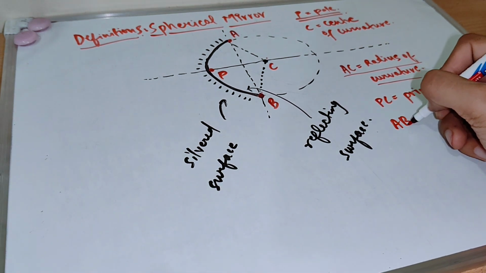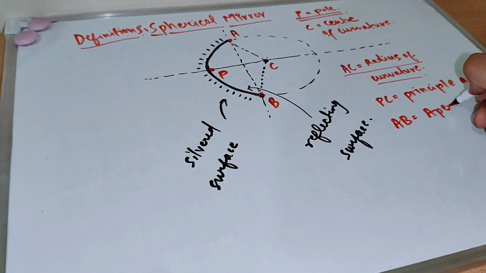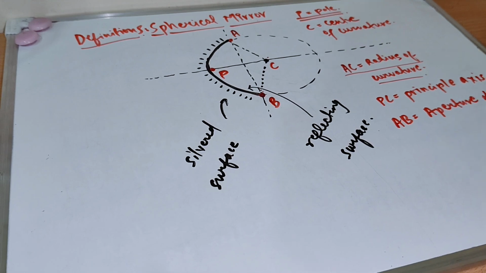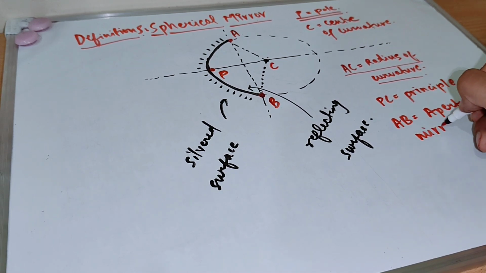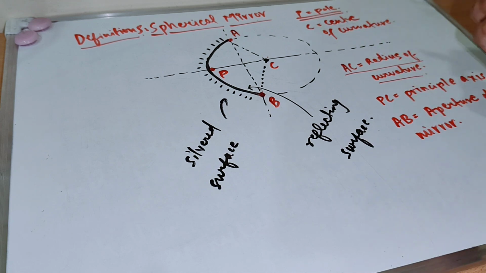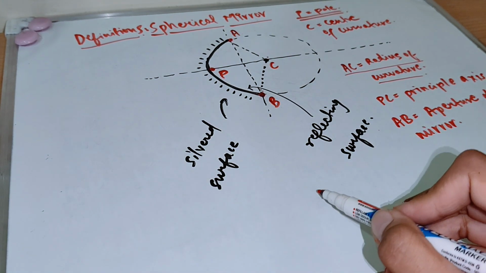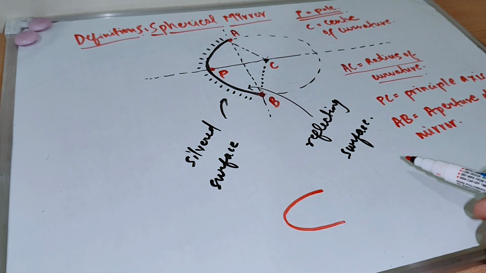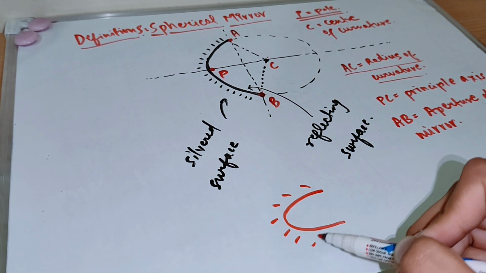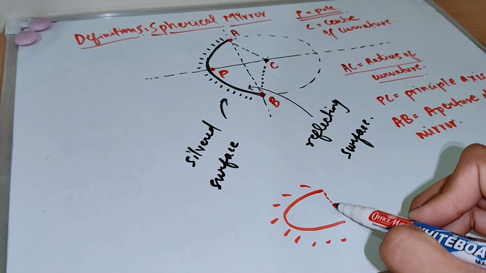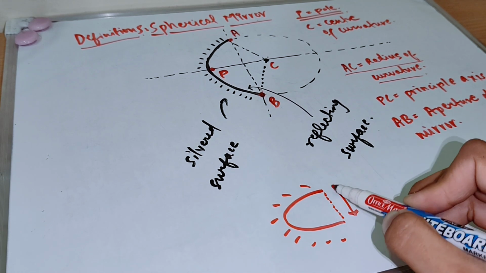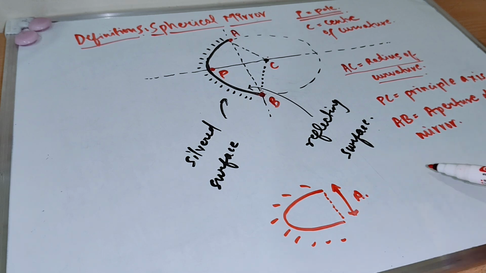Now AB is the aperture of the mirror. Let's say that I have this mirror. In that case, this distance would be the aperture of the mirror.